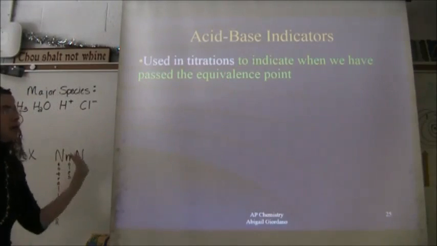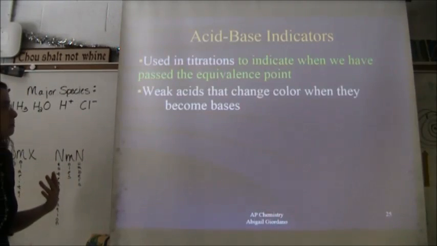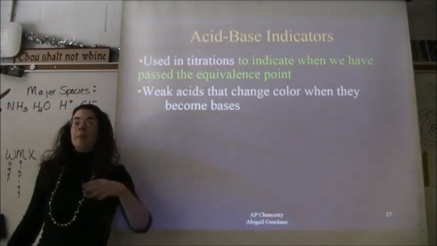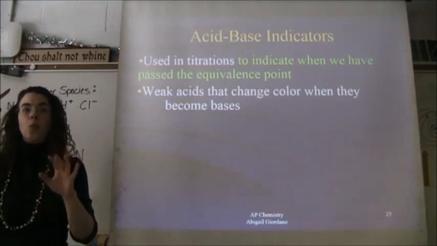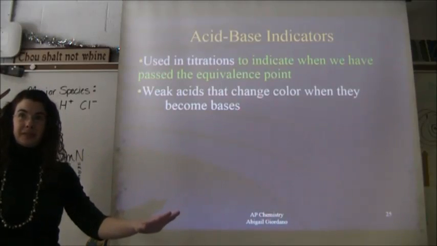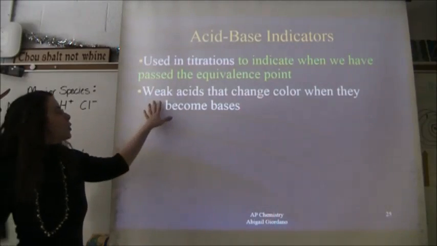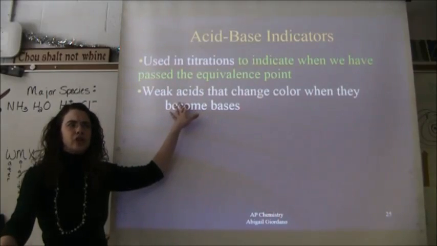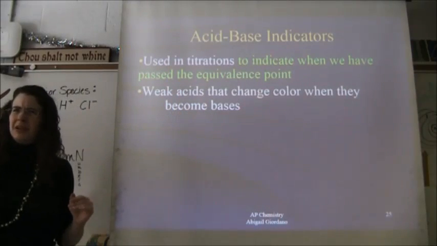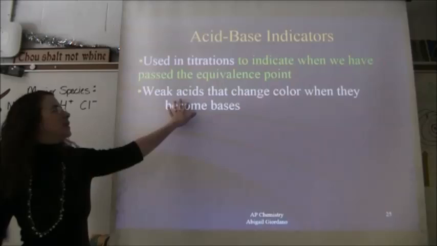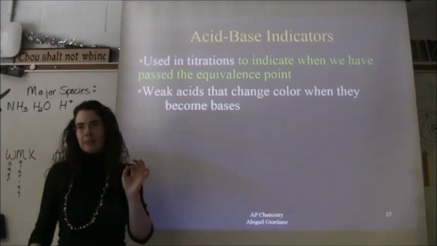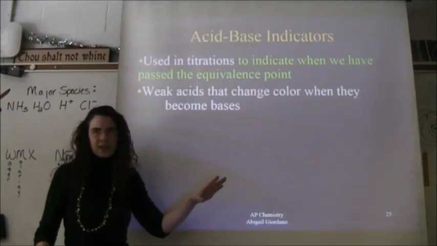We use indicators. Indicators, guys, first of all, are themselves weak acids. And if you're wondering, does adding a weak acid to a titration mess up the titration? Well, when we add indicators, we're adding just drops of these indicators.